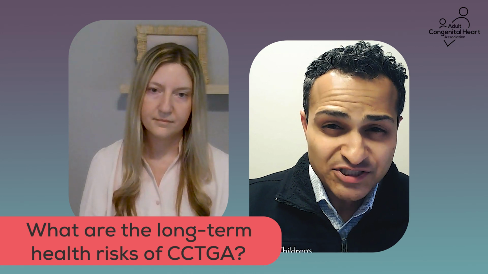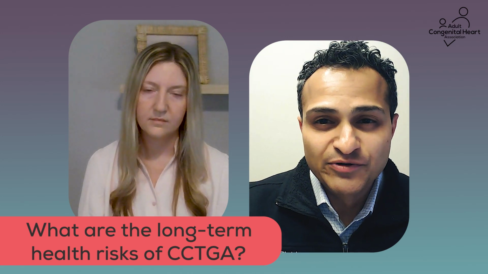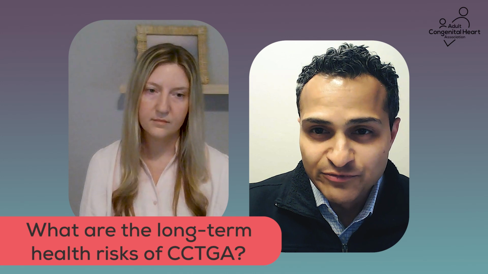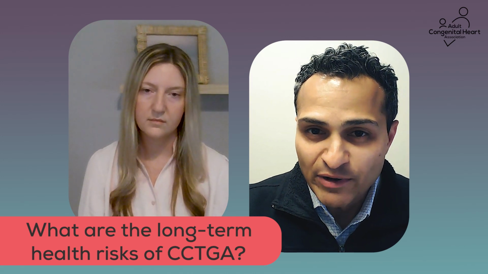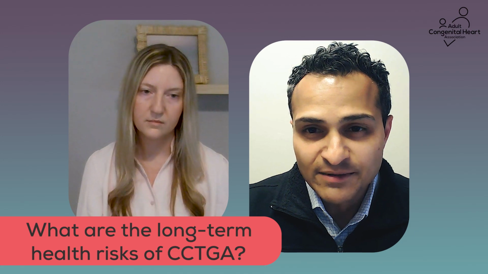But long term, the biggest challenge is related to the risk for heart failure. And that's really related to having a right ventricle as what we call the systemic or aortic ventricle that has to pump blood to the body. As I mentioned, the structure and the function between the left and the right ventricle is very different. And the right ventricle is just not as efficient as a pump compared to the left ventricle.